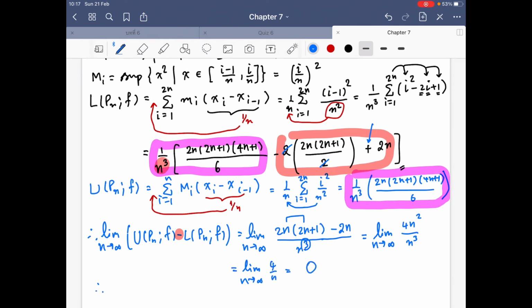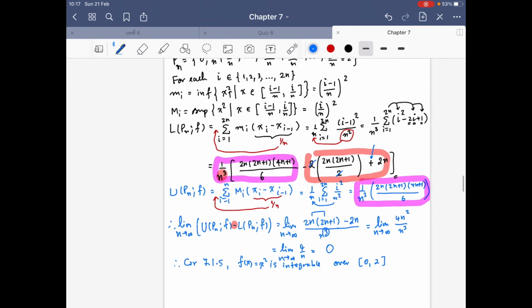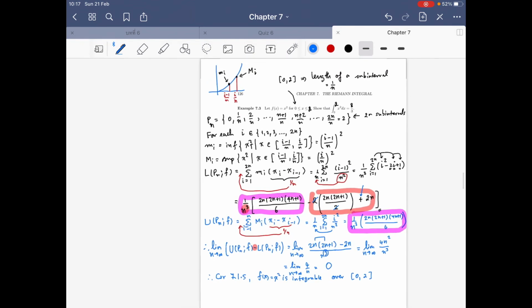So it means that by corollary 7.1.5, this is again integrable over this closed interval from 0 to 2. Okay, I'm sorry, that's a typo. It is 0 to 2.